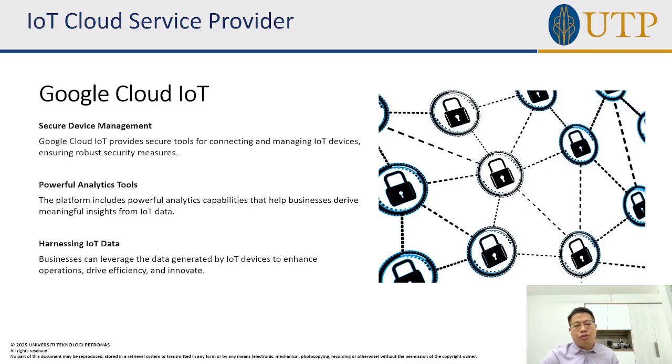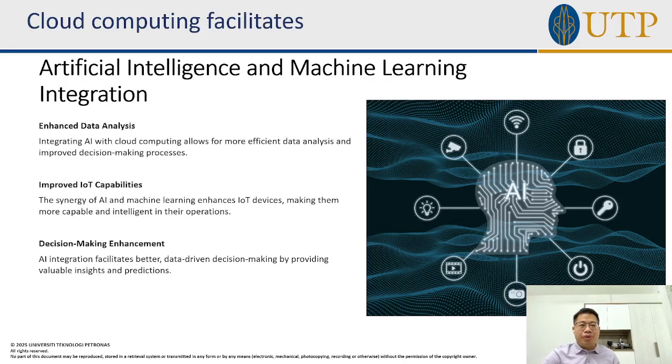I think lots of you like to use Firebase. I just want to tell you that there are actually many more options out there, so you should go and explore more on IoT Cloud. There are quite a number of them for you to explore.